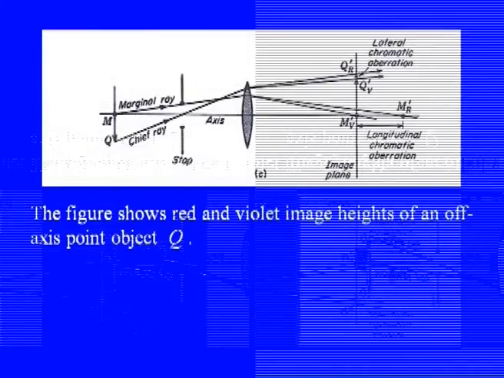The violet image and the red image are not at the same point. Similarly, if you consider an off-axis point, here again the corresponding Q'R and Q'V are not at the same point, leading to a chromatic aberration on the lateral side. So, lateral and longitudinal, both of these features will be there.